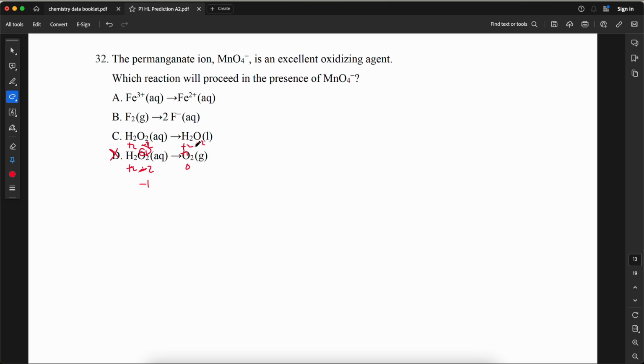Okay, so it's oxidation. The others are reduction. -1 to -2, reduction. This one -1 and this one 0, reduction as well. This one +3 to +2, reduction as well. That's why the answer is D.